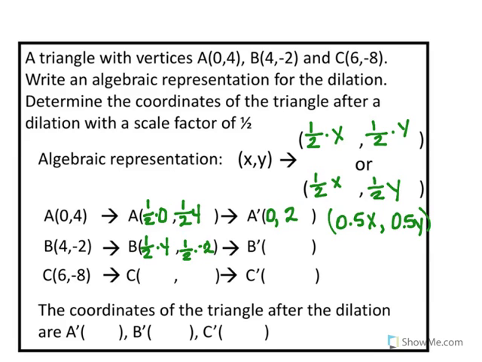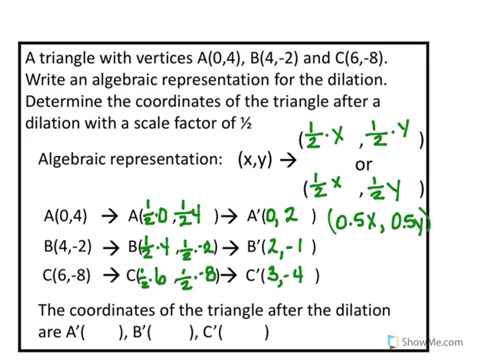Well, I know 1/2 of 4 is 2, and 1/2 of -2 is -1. Then I have a half times 6, and I have a half times -8. So I know 1/2 of 6 is 3, and 1/2 of -8 is -4.